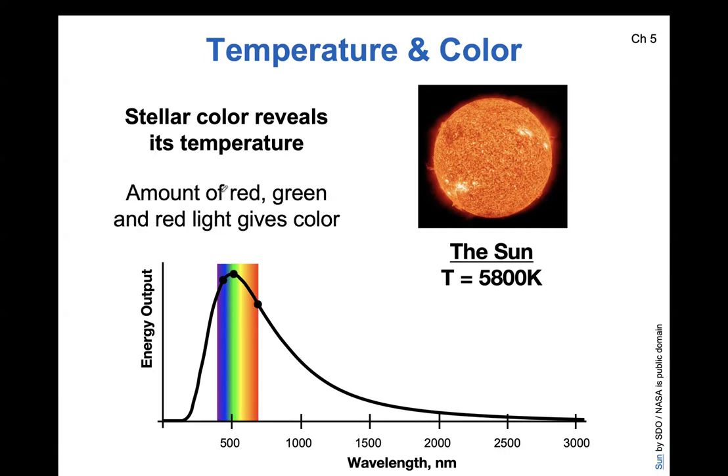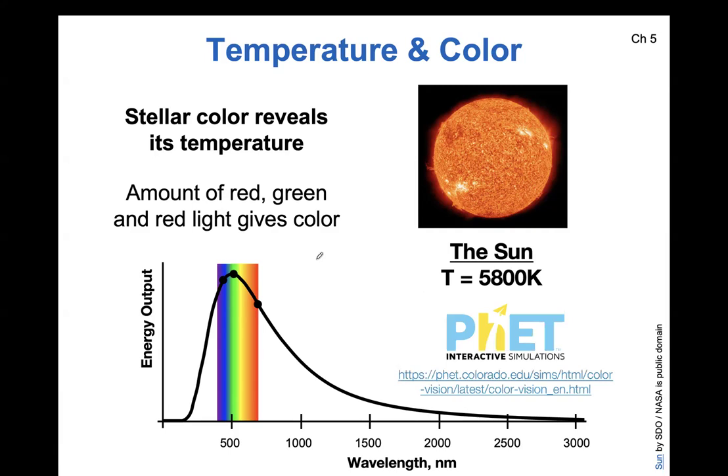All right. So when we look at the sun, the amount of red, green, and blue light gives the color. Right. So we end up with the color of the sun. This view of the sun where it looks kind of red is more of just a filtering effect of what we're actually seeing in this image.